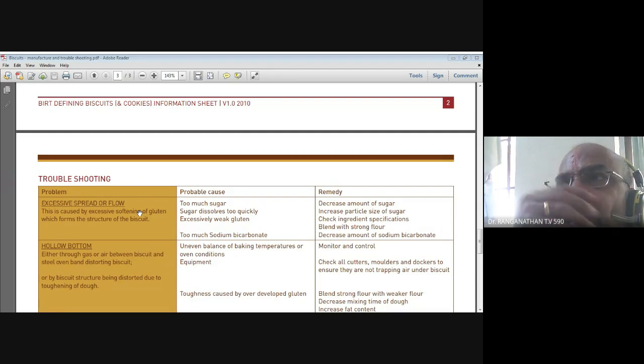What is spreading? For example, in the case of bread, if you put it, it will remain as such. There is nothing called expansion or moving.